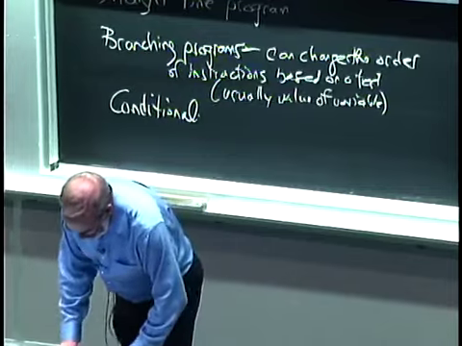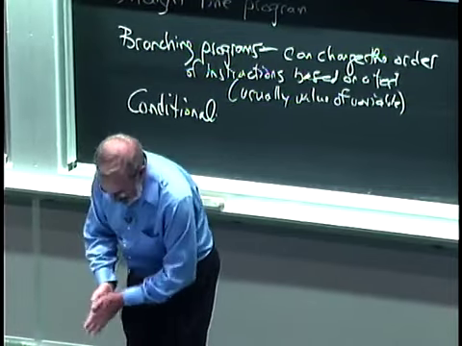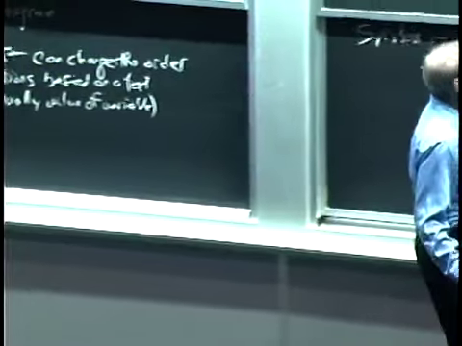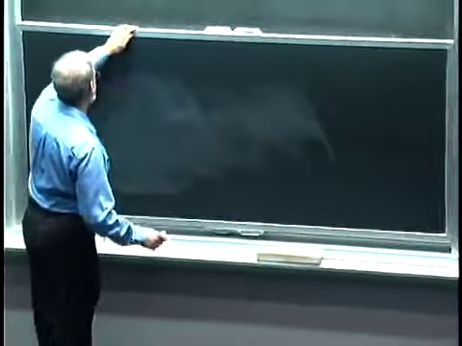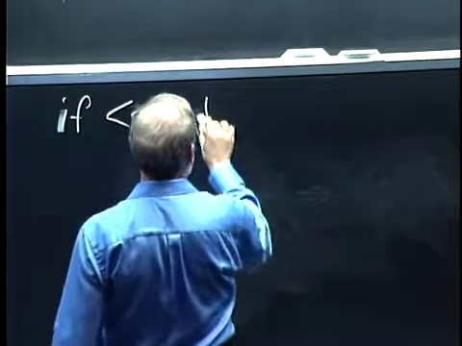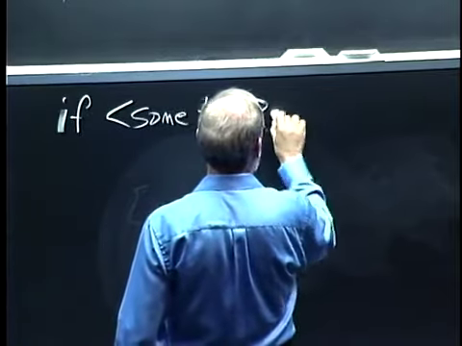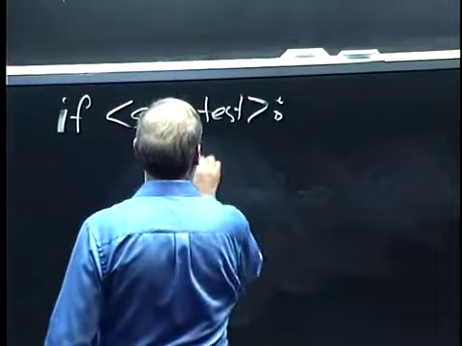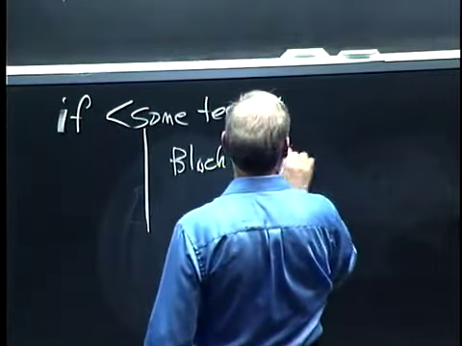Okay. Now, having done that, again, I want to stress this idea, and I'm going to write it out one more time, that there's a particular format here. So we have if, and that is followed by, and I'm going to use angle braces here just to indicate something goes in here, some test followed by a colon. That is followed by a block of instructions.